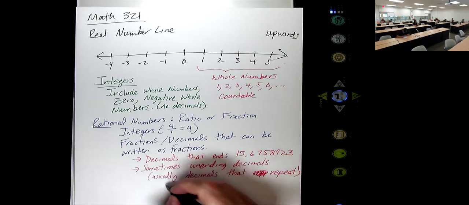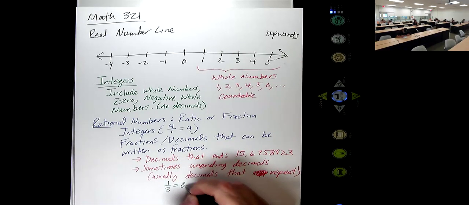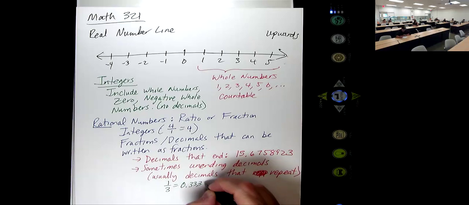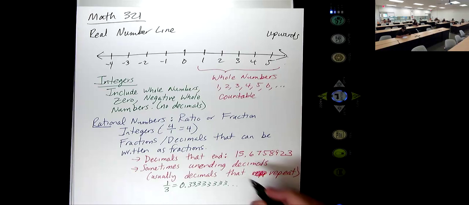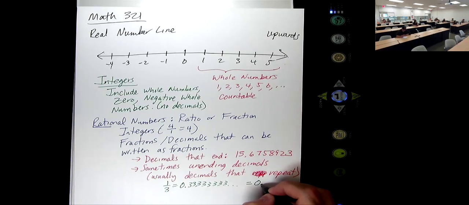For example, 1/3 is 0.33333333, and we're gonna write it as 0.3 and put a bar over it. Talk about the bar in a second.